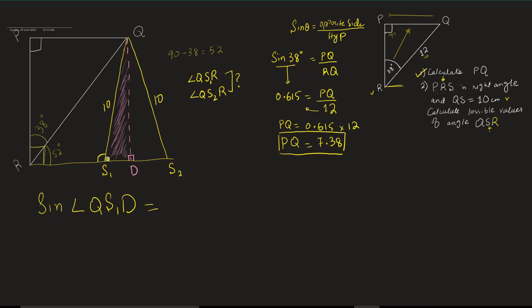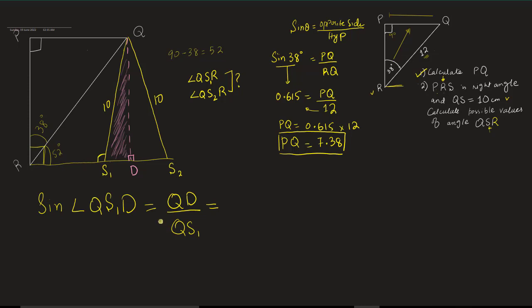The opposite side of S1 is QD, and the hypotenuse is QS1. QD we don't know, and we have to actually find QD, and QS is 10. So can you guess how we would find QD from the given data? We can easily find it.